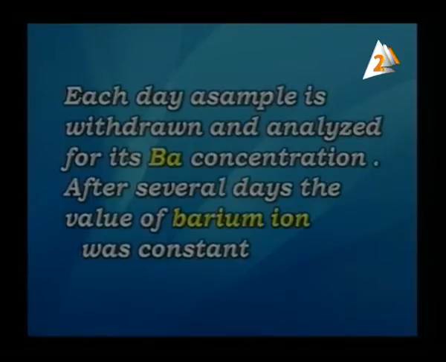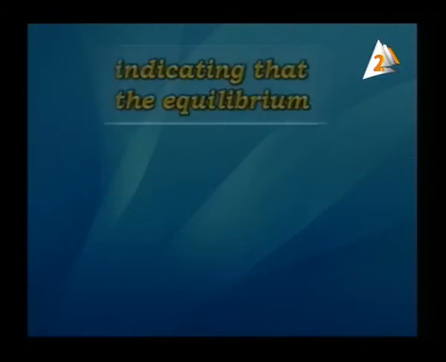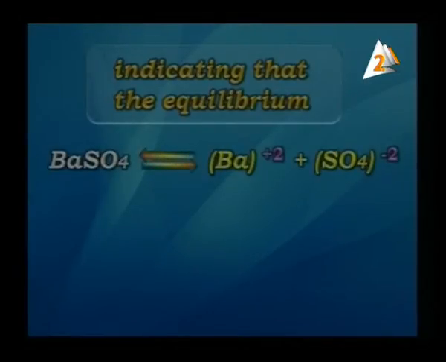After that, each day a sample is withdrawn and analyzed for its Ba concentration. After another several days, the value of barium ions was constant, indicating equilibrium. I need to know the equilibrium in this reaction, or the solubility.